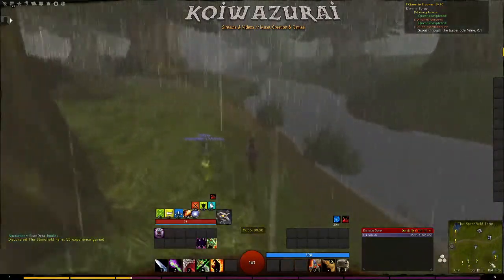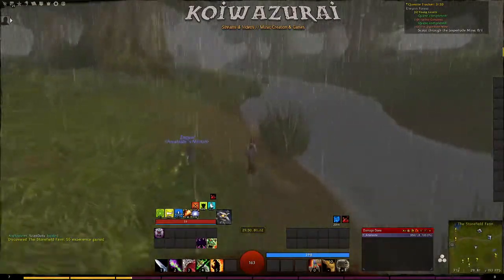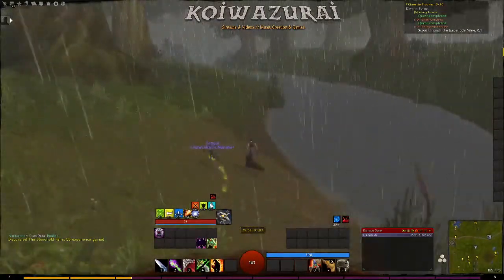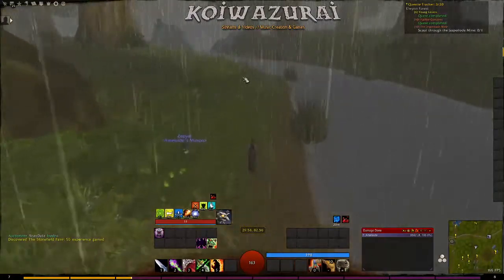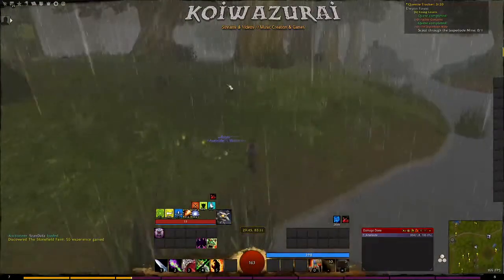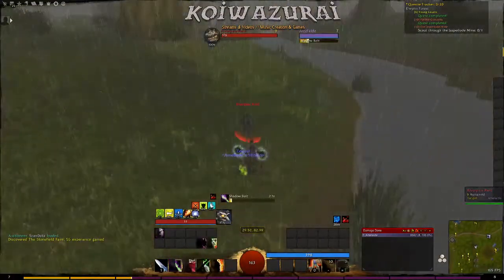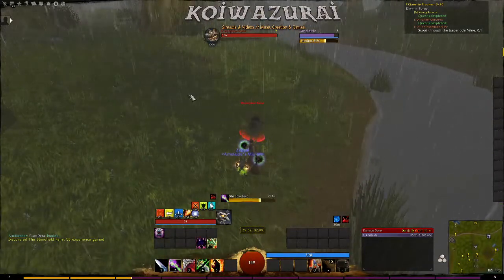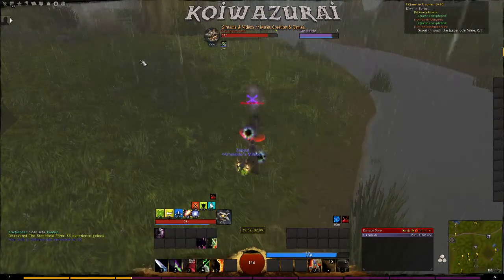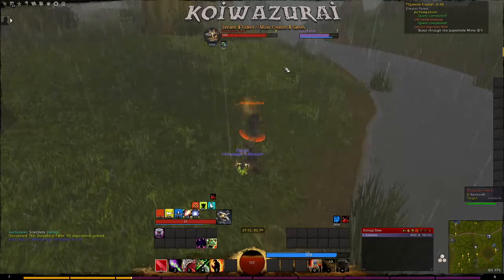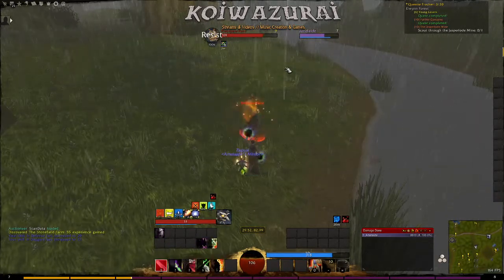I'm getting right around my monitor's 165 FPS, which is where I have WoW capped at. Frame rate wise, 30 background FPS, 165 foreground.